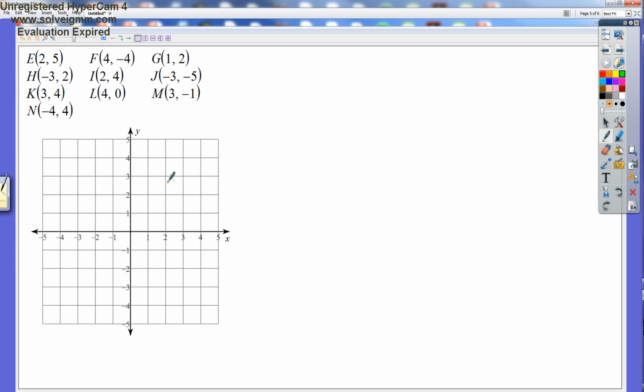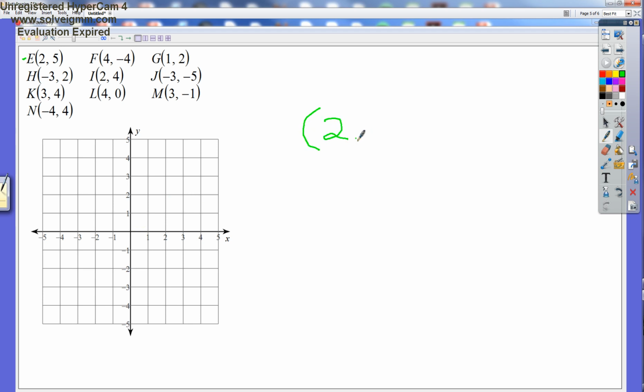I'm just going to do a couple of these. When we are looking at where is this point, let's start with here with point E. For point E, we are going to put it at the point 2, comma 5. And with 2, comma 5, remember that for stuff like this, we always put our numbers in alphabetical order.